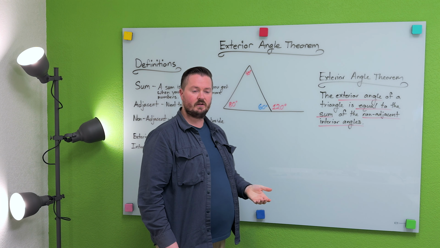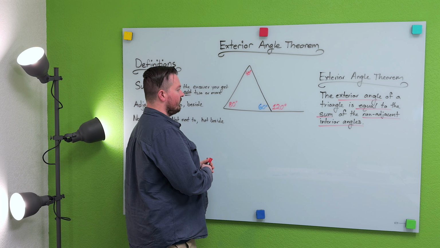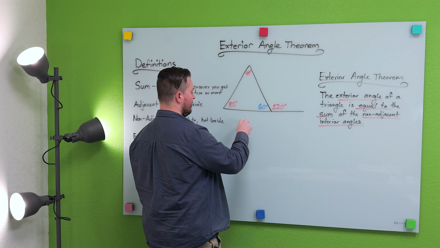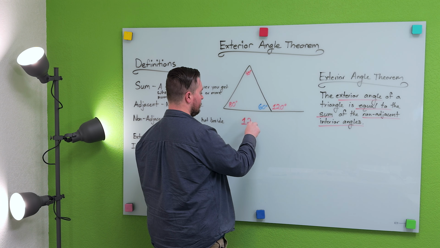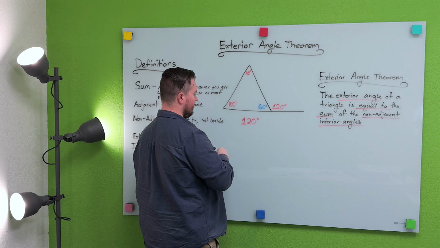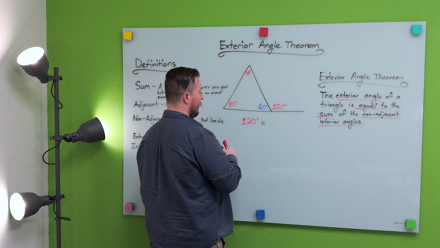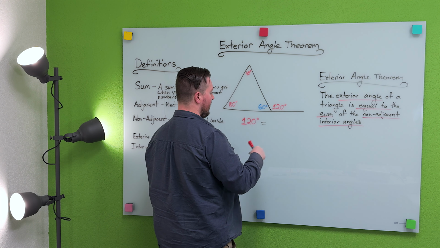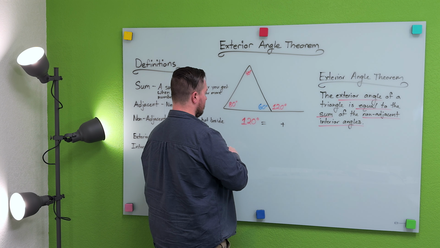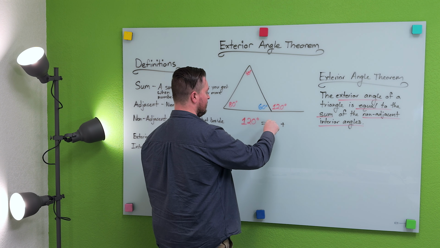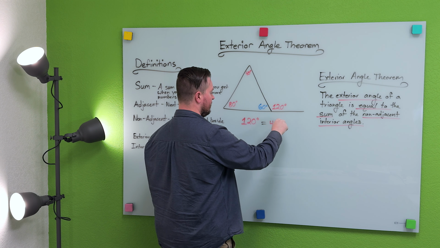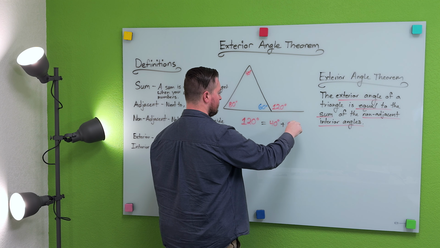So to write this in equation form, what we're saying is the 120-degree angle on the exterior is the same as the answer you get when you add the two non-adjacent interior angles.